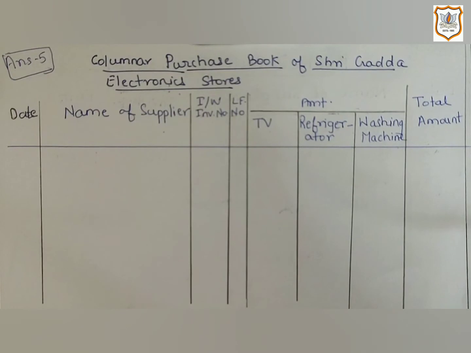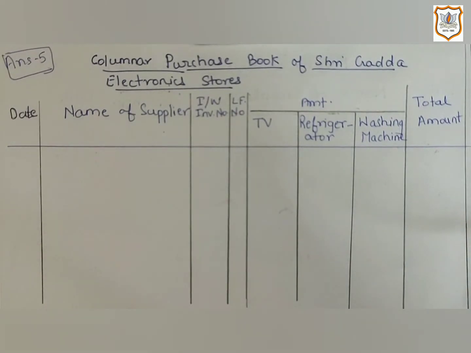So here in the question, the first transaction is: purchase 10 TV sets at rupees 30,000 each set, 5 refrigerators at rupees 15,000 per piece, and 2 washing machines at rupees 18,000 per piece from Shri Daya Electronics Stores. Credit period 1 month. Invoice number 100.